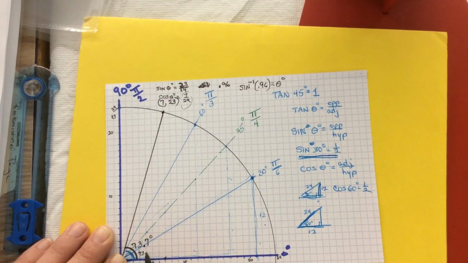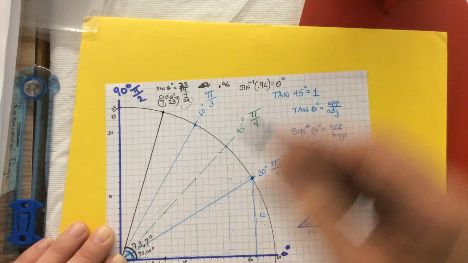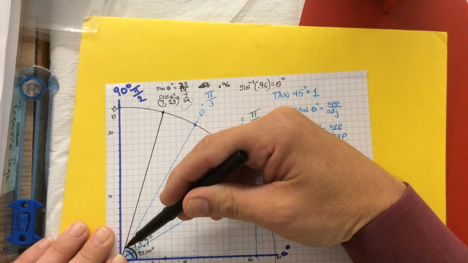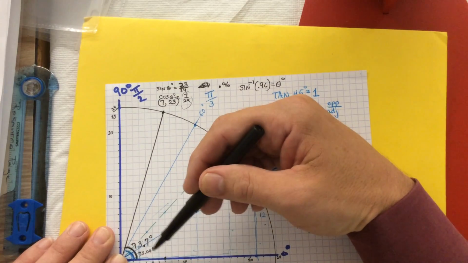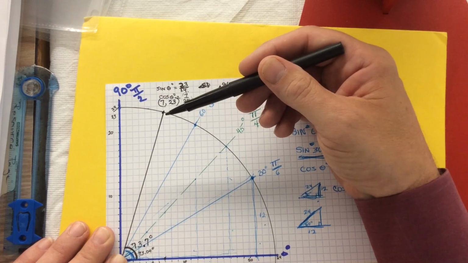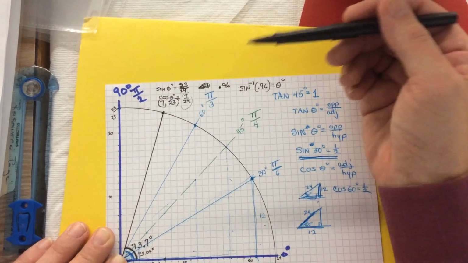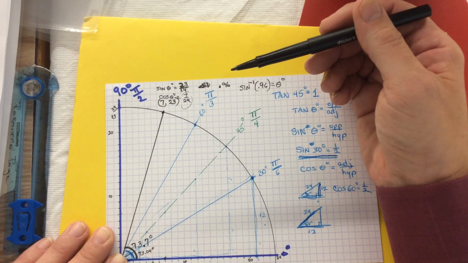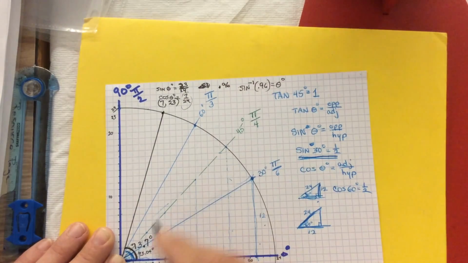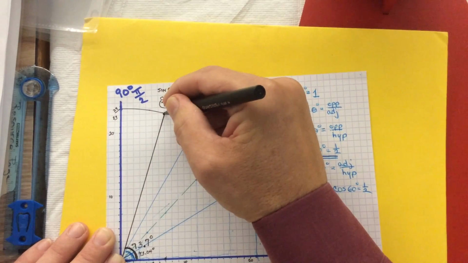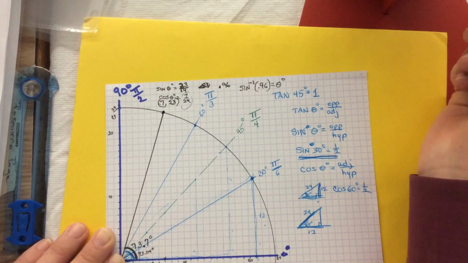So in other words, based on my drawing here, I know the measure of this angle is somewhere around 73 or 74. So I now know this degree measure right here because I know the coordinates here.